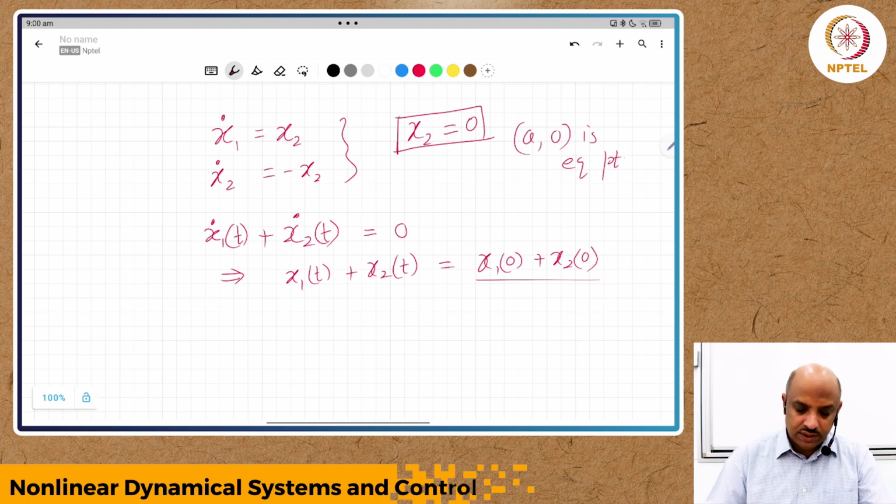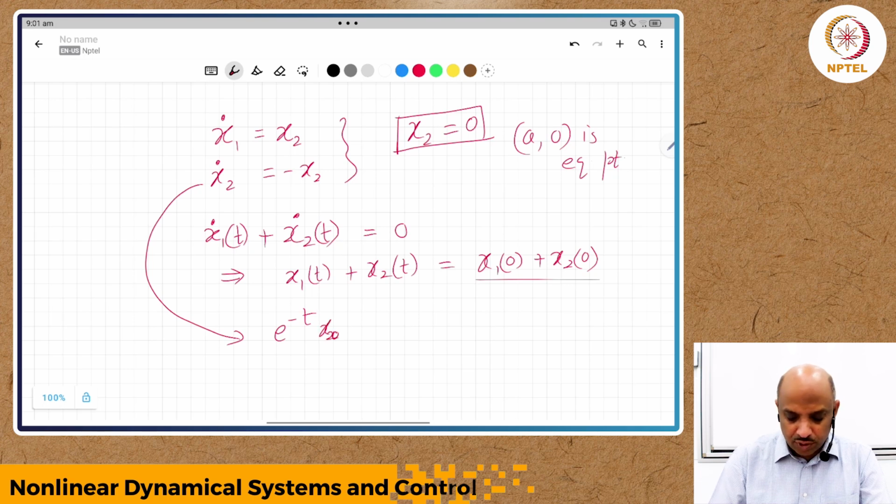And one can show, on the other hand, from x2 dot, you can clearly see the solution to this is basically e raised to minus t times x2 of 0.